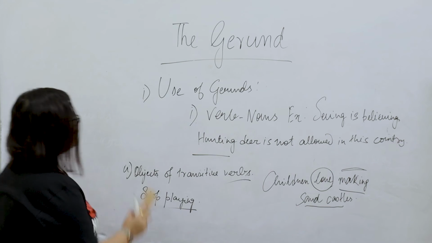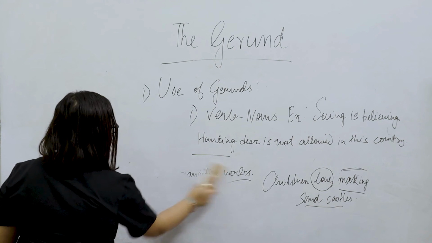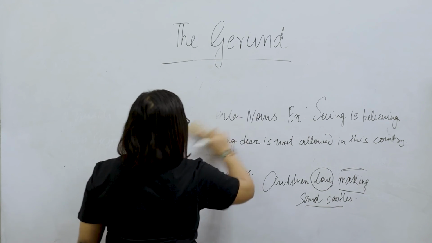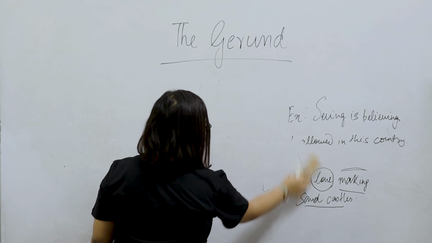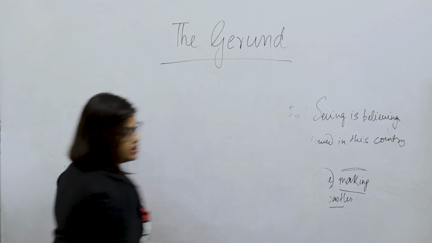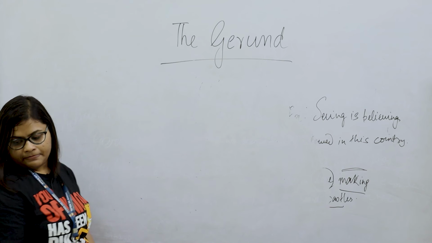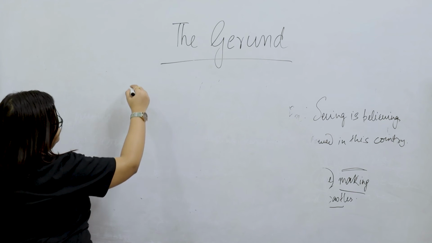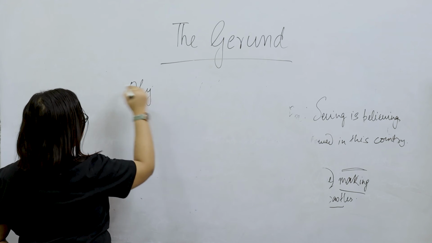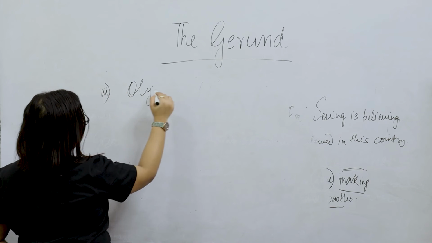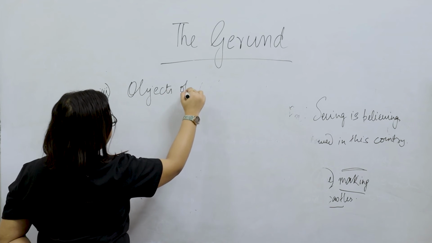Now we'll go to a few more uses of gerunds, which will be as follows. The other utility of gerund could be objects of preposition.